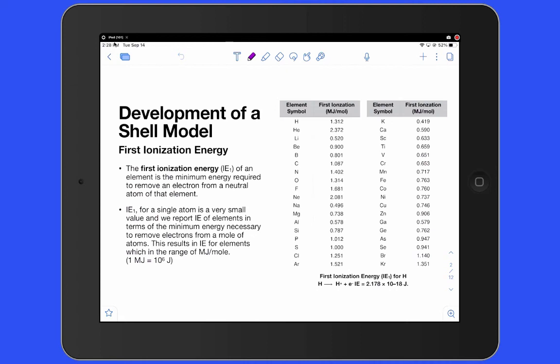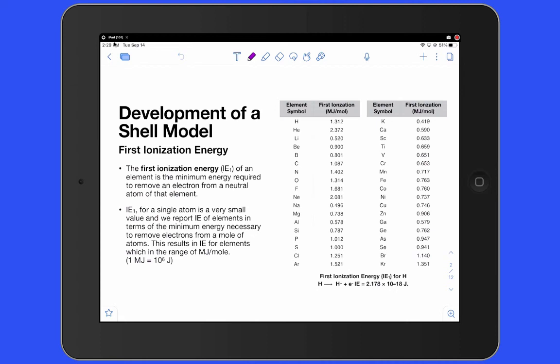Now for hydrogen, that's easy. There's only one electron. But say fluorine, for example. Fluorine's got 9 electrons. Look at the periodic table. It's element number 9. So if fluorine has 9 electrons, one of those electrons is going to be easier to remove than all of the others.